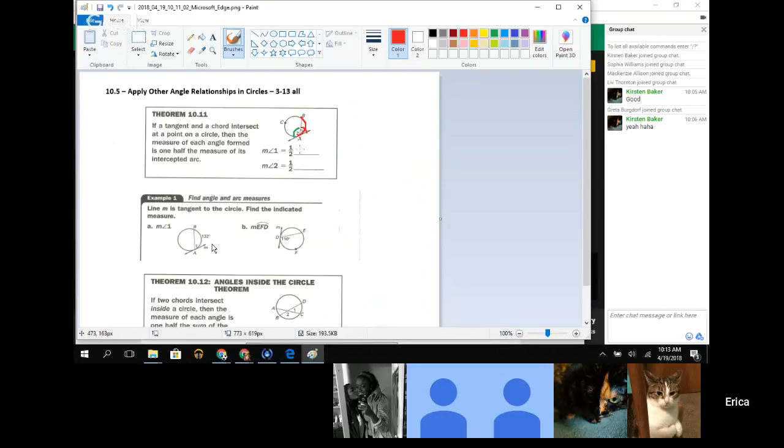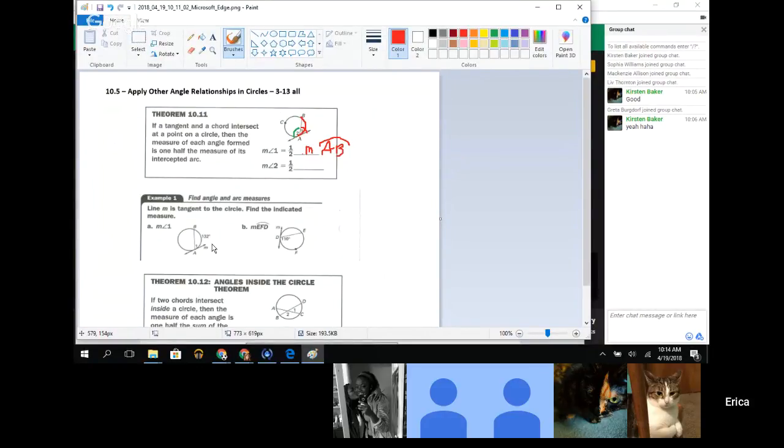I'm just going to write it this way, measure of arc AB. So again, we have this relationship where we have an angle, but this angle isn't inscribed in the circle. This angle is formed by a chord and a tangent. And the measure of that angle is equal to 1/2 the measurement of the arc.